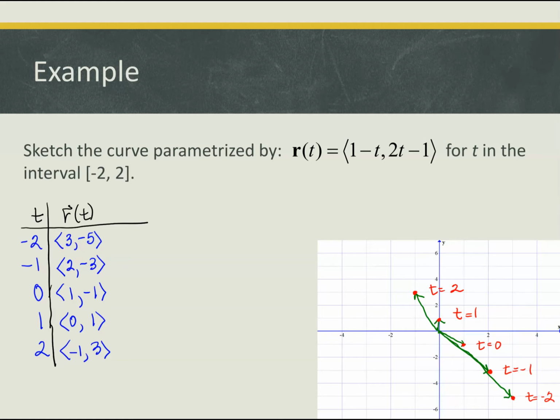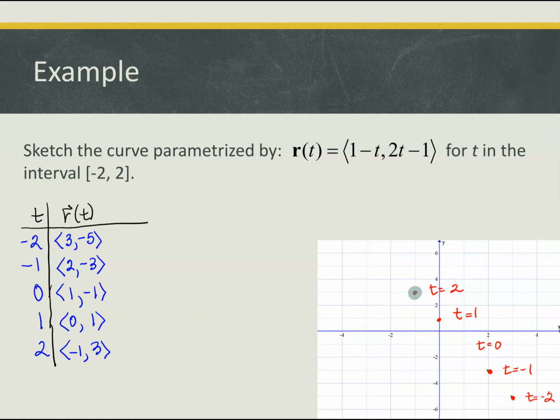So now to sketch my curve, I simply connect the points along the curve. And it generally looks like I have a line segment here. And I'll go ahead and erase my position vectors because they're not really part of the curve. They were just useful in helping me identify the curve.